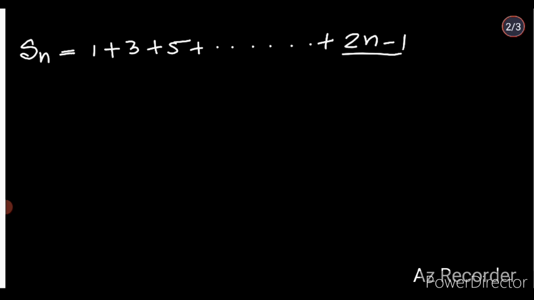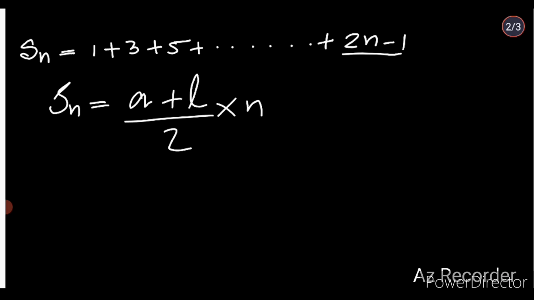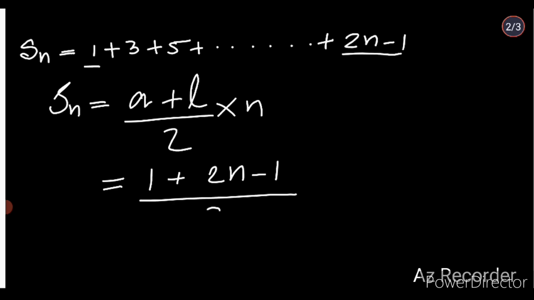We know the formula for the sum of n natural numbers. Sn, the sum of n terms of odd numbers, is equal to the first term plus the last term, divided by 2, into n. Here the first term is 1, and the last term is 2n minus 1, divided by 2 into the number of terms. That is the formula.